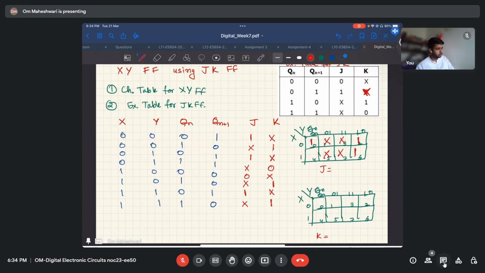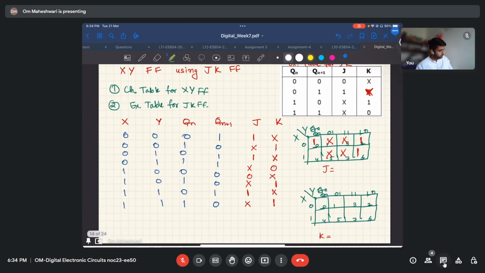So here, this is a quad and this is a quad, right? So we can write it as X bar plus Y, right? This is Y. This yellow one is X bar.